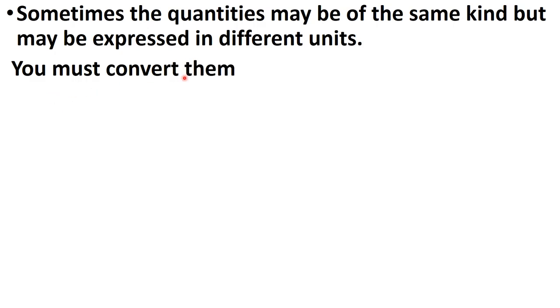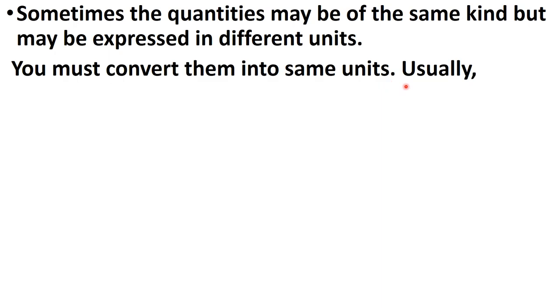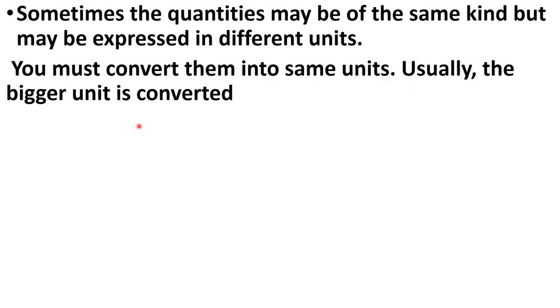You must convert them into the same unit, that is the smaller unit. Usually the bigger unit is converted into the smaller unit. If one student's height is given in meter and another student's height is given in centimeter, we will convert meter also into centimeter. Then we have both in centimeter. Then we will find the ratio.